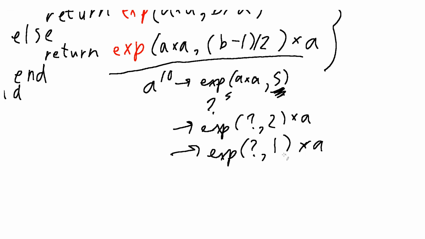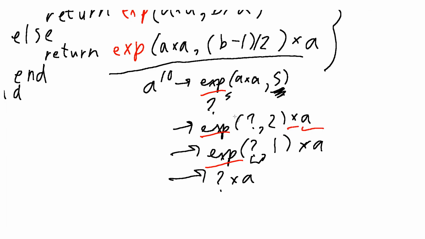Then this is exponentiated by 1, so we don't need to call the function anymore, we just get whatever this is, times a. So we call the exponentiation function how many times? We call it 1, 2, 3 times, and we also do a multiplication once, but that's not very important.